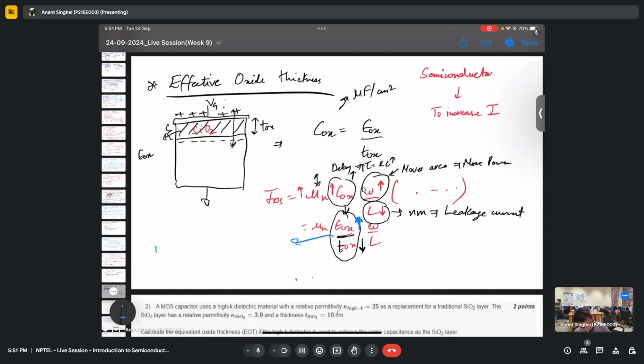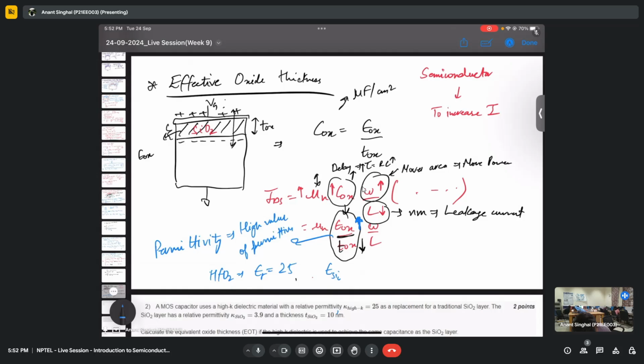So in general, we take materials which have a high value of permittivity. One such example is HfO2, which has a relative permittivity of 25. And SiO2, as you already know, has a relative permittivity of 3.9. I hope you remember that.